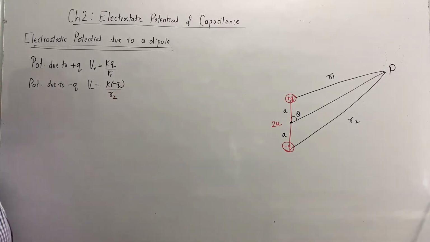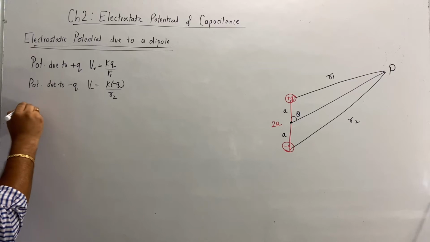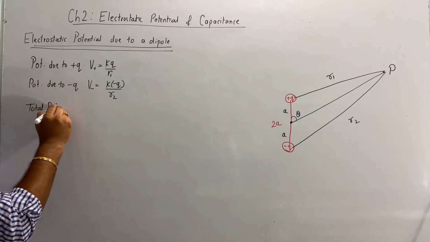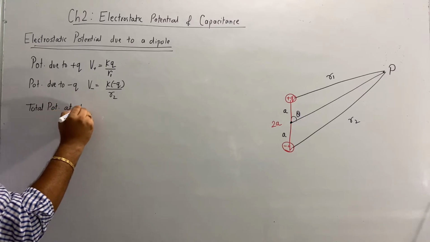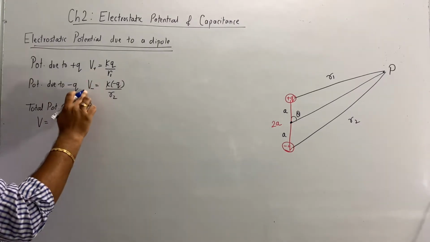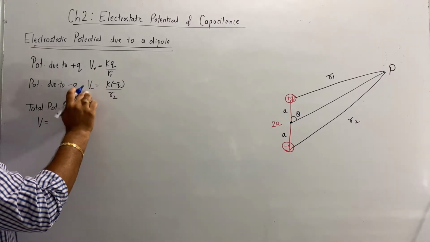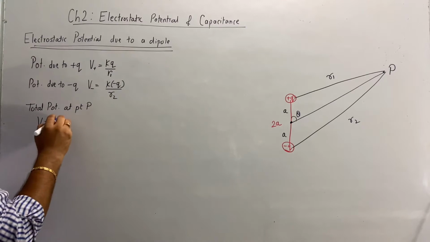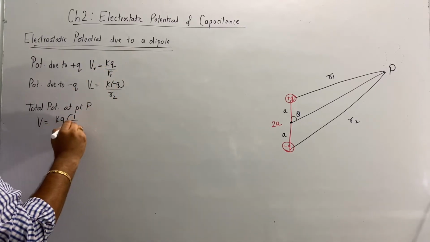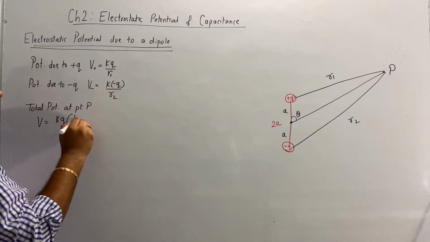So the total potential at point P, V, will be equal to V plus plus V minus. KQ is common in both, so 1 by R1 minus 1 by R2.